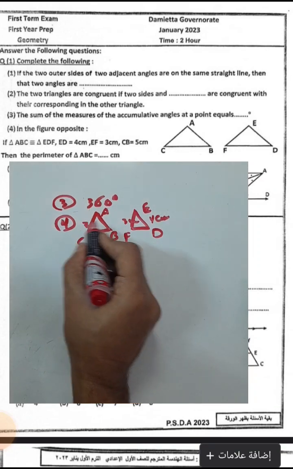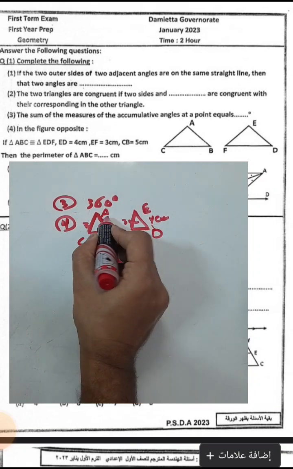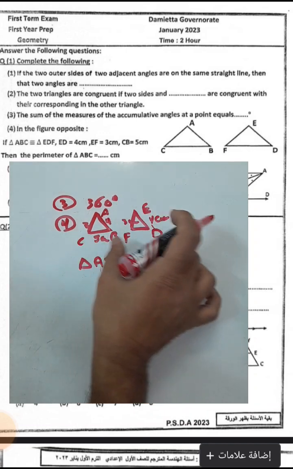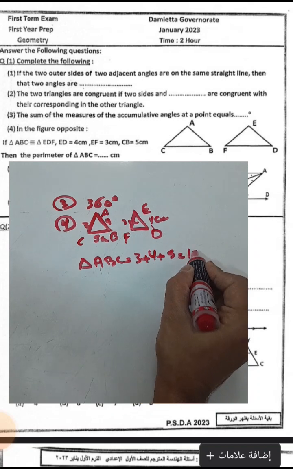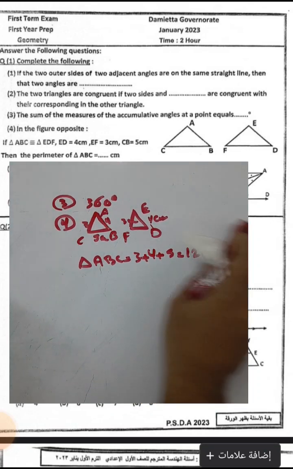We can write that this side 3 equals 3, and this side 4 equals 4 centimeters, because the two triangles are congruent. 3 plus 4 plus 5: 7 plus 5 equals 12 centimeters.